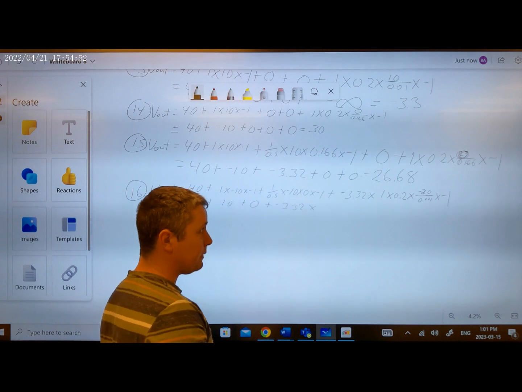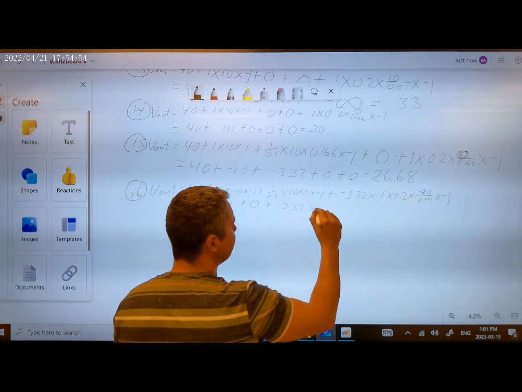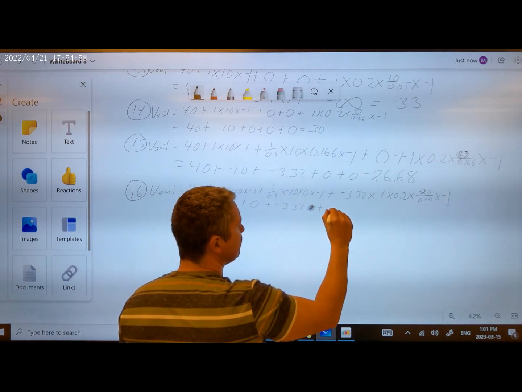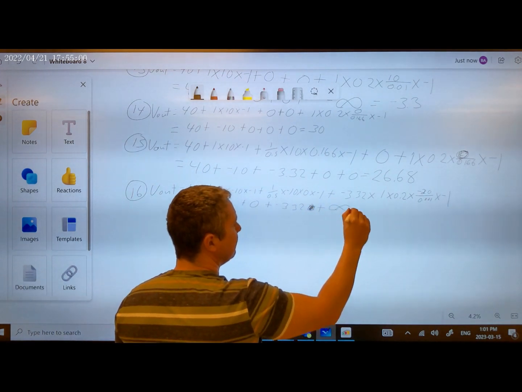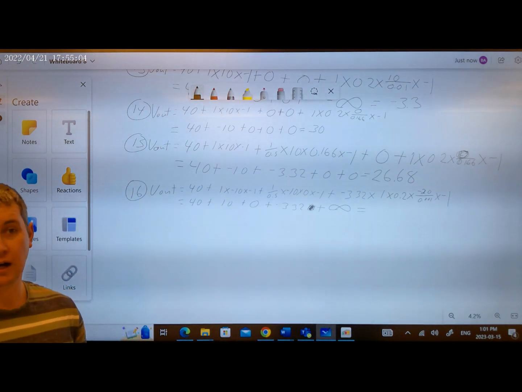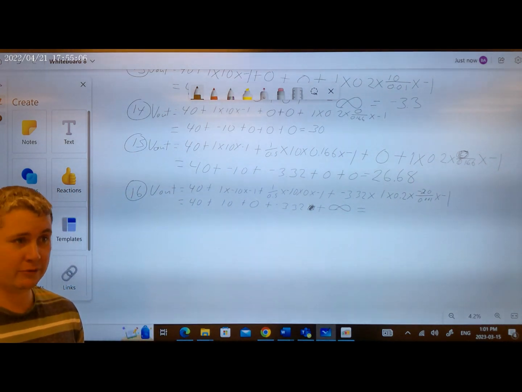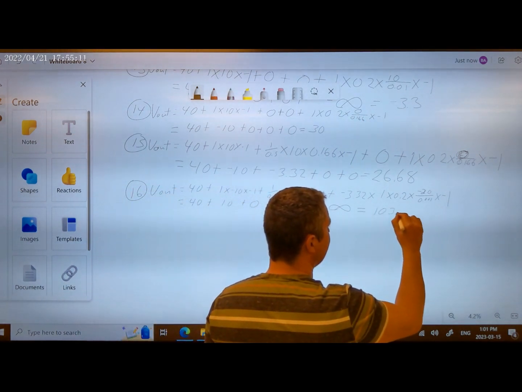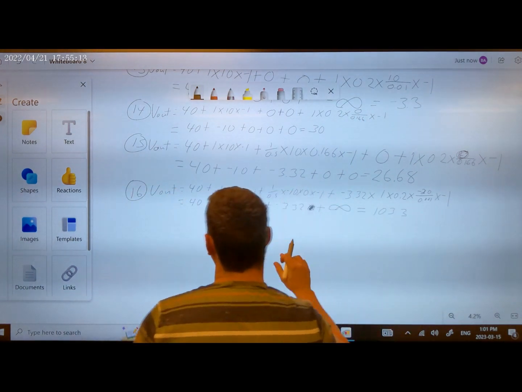So it's going to be, I don't know why that's a times sign. That's supposed to be plus. Plus infinity, which gives us an output of 103.3, because that is the max our controller can output.